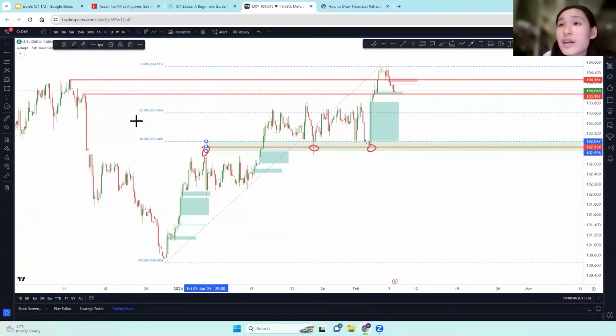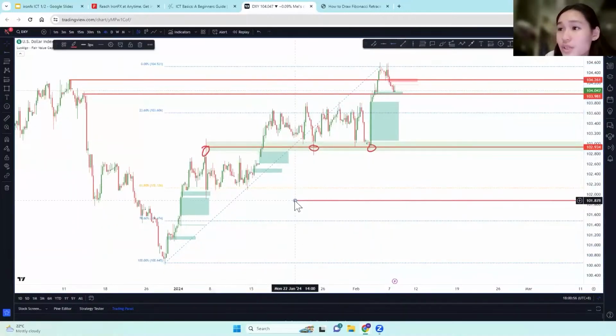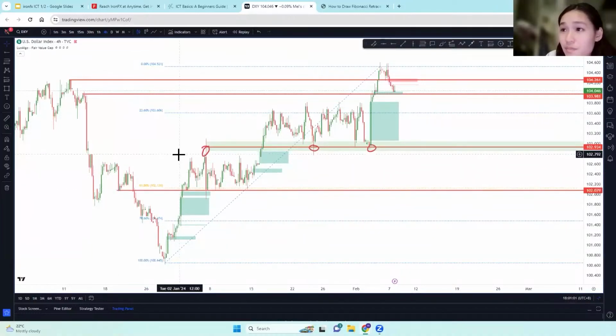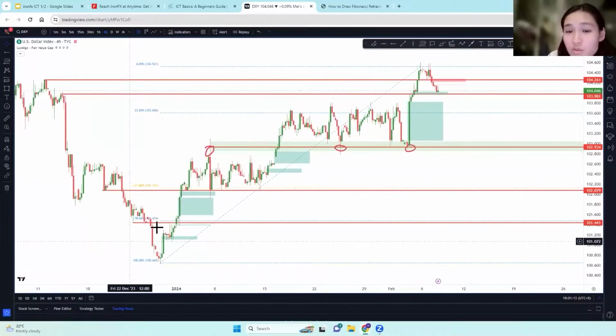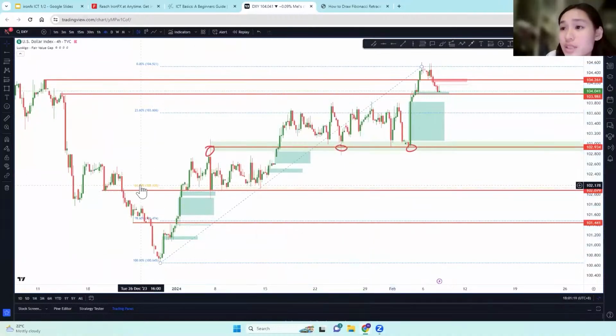If I look at our 61.8 as well as the 78.6, you can see that it also lines up with the highlighted fair value gaps over here. The 78.6 doesn't really match up, apart from this swing low, which is fine. It doesn't always have to match up. So you can see that this 61.8 is a pretty significant level here.